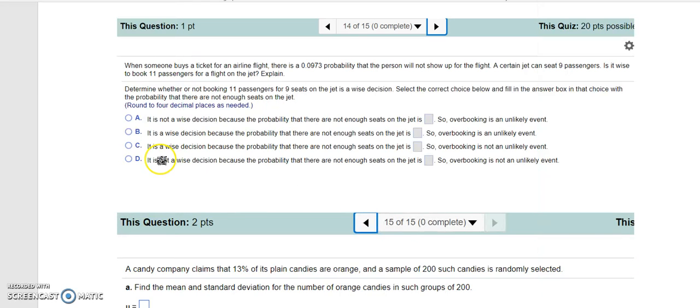So I would say definitely it is not a wise decision, because the probability of not enough seats is high. Overbooking is very likely, because we found 70% probability. So you would put in that number in this box. Not a wise decision, since it's a high probability, and so on.